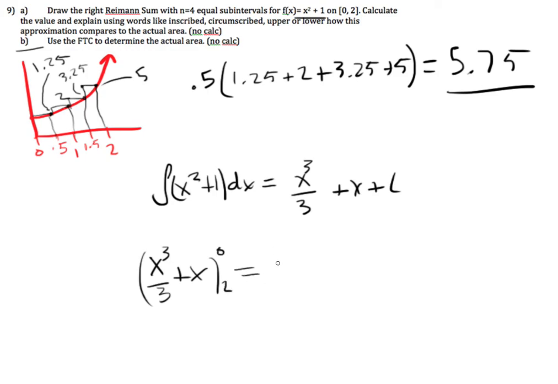So all we have to do is evaluate it at 2. 2 cubed over 3 plus 2 equals 8/3 plus 2, which is going to work out to be 4 2/3. So as we said, our approximation was a little bit more than our actual area.